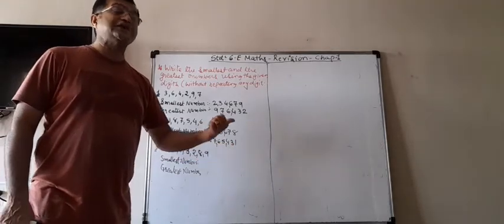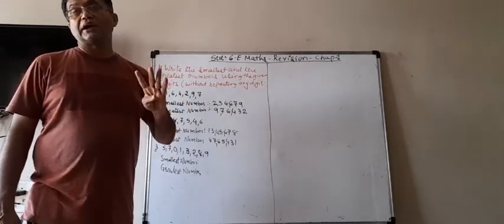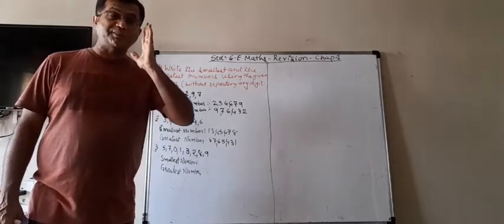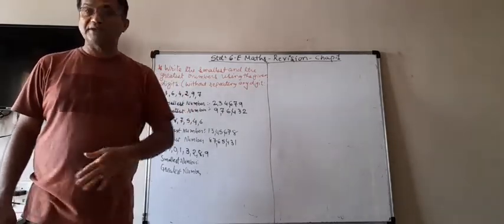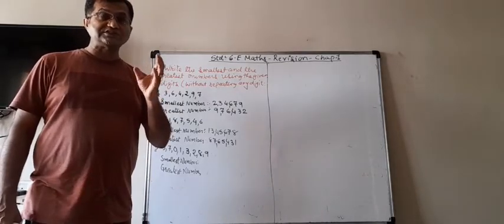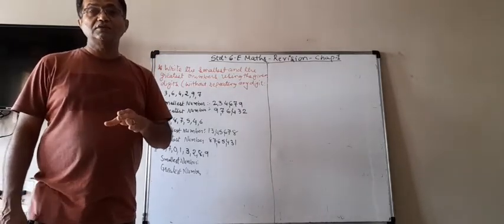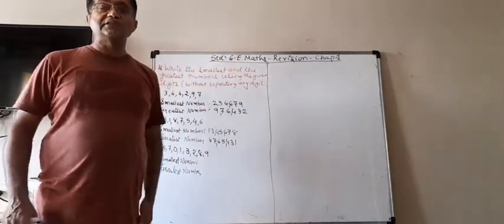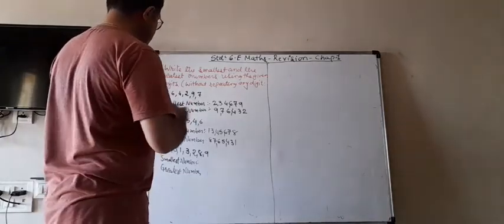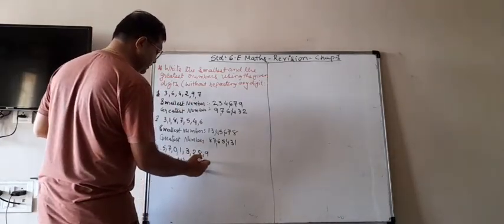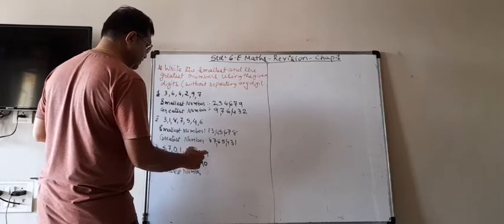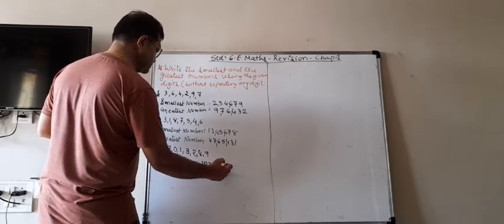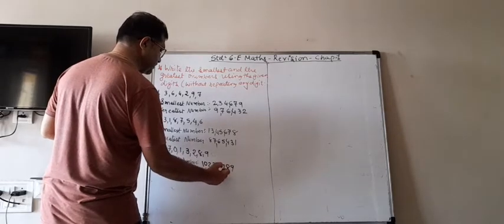Therefore, whenever it is a situation like this, we have to place the 0 at the second place. It means the number which is greater than 0 will be written first, and then 0, and then the others in increasing order. So here after 0 the number is 1, so we write 1 and 0, and then 2, 3, 5, 7, 8 and 9.